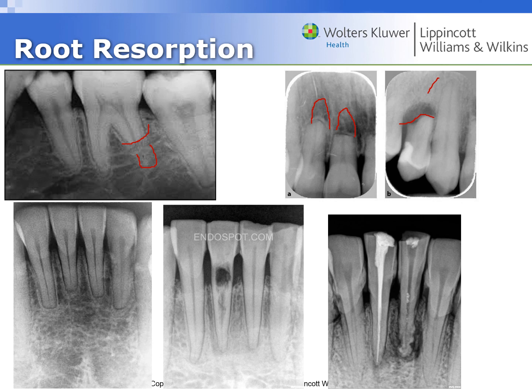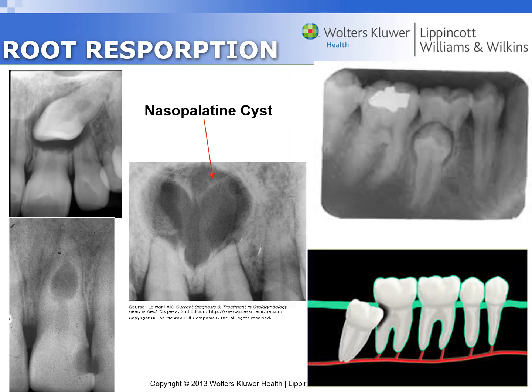This just looks like a big, huge decay, root decay right there, but even these look like they're resorbing just a little bit. So here would be a baby tooth, and the premolar is coming in.